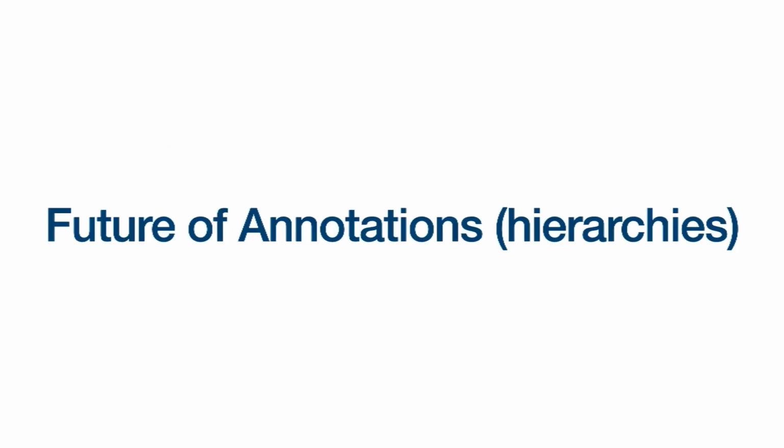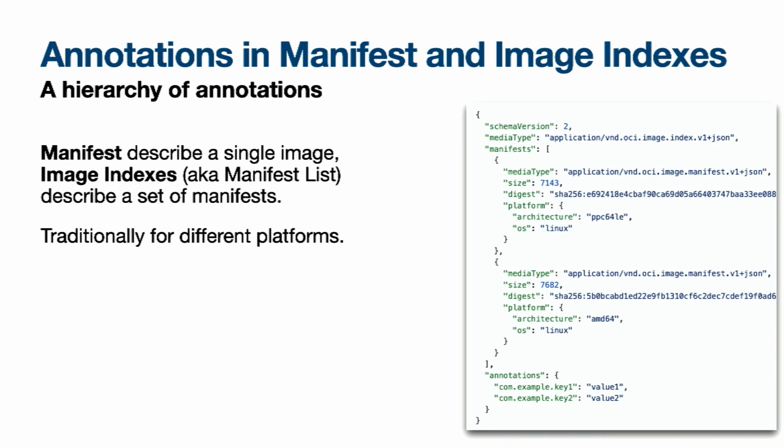If we have annotations established for multiple images, we can do new, cool things in the future, like in the coming months. As I said, we have manifests and we have image indexes, called manifest lists in the old version, which is just a set of manifests that you serve for a certain name. Let's say you have Ubuntu or GROMACS for different architectures, for x86, ARM. They will be served as an image index, and then your runtime can pick one of the images inside.